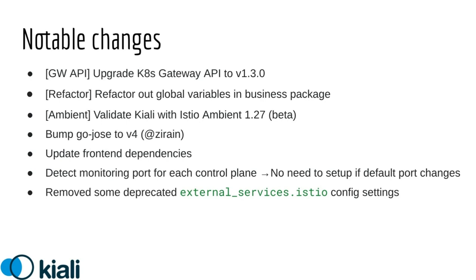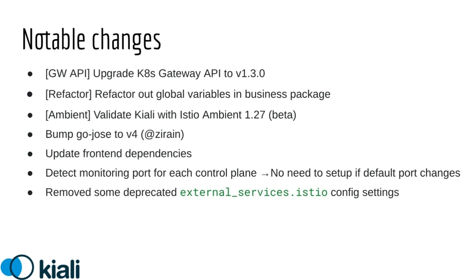And another important change was to detect the monitoring port for each control plane. Previous to this, the monitoring port had to be set in the configuration when Istio was not using the default monitoring port. But now Kiali is going to auto-discover this port.